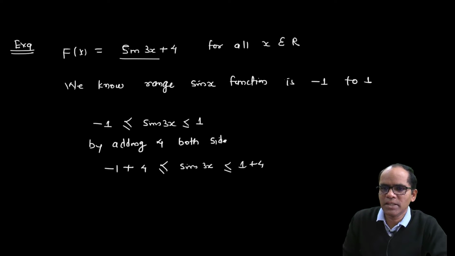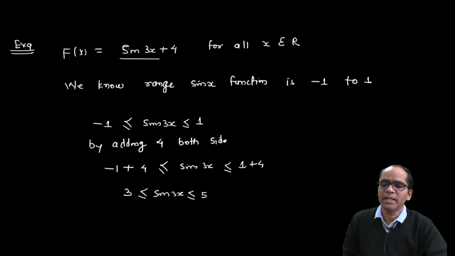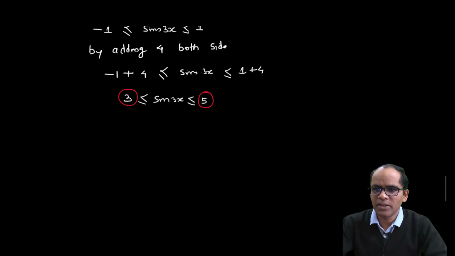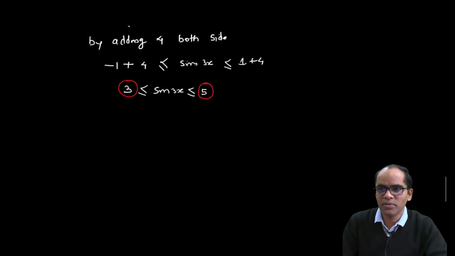So in this case this will be 3 and 5. Okay. So here you have two values, one is 3 and one is 5. We will check the function for these two values, 3 and 5.